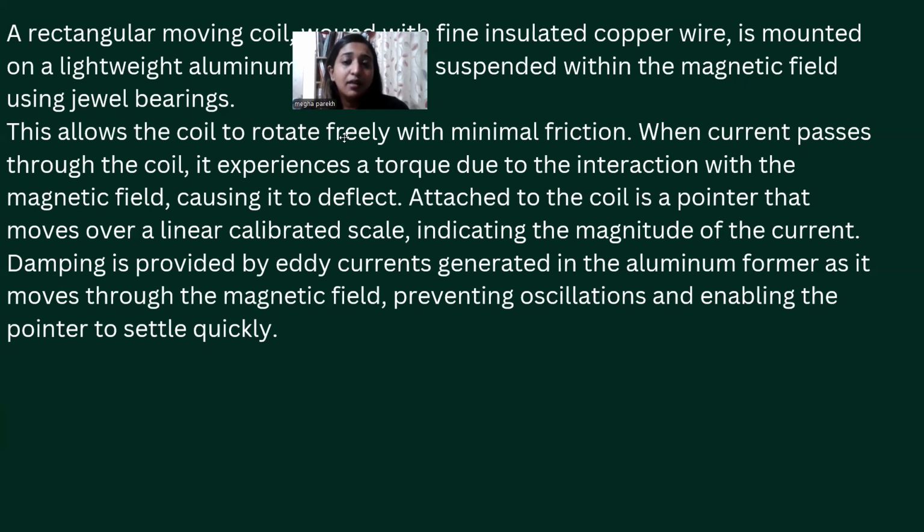Attached to the coil is a pointer that moves over a linear calibrated scale, indicating the magnitude of the current. Damping is provided by eddy currents generated in the aluminum former as it moves through the magnetic field, which prevents oscillation and enables the pointer to settle quickly.